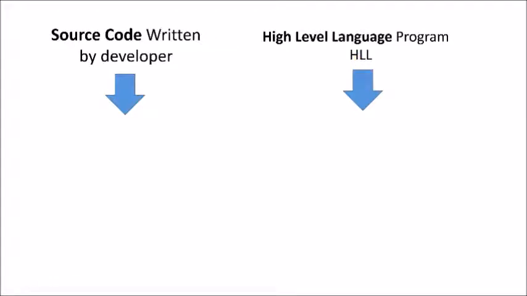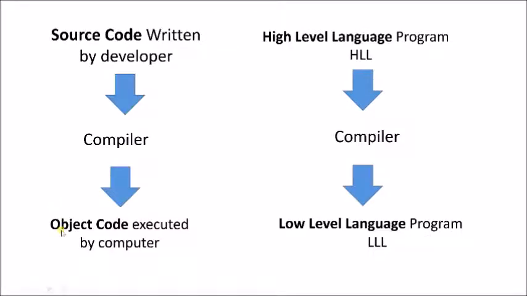This program is entered into the compiler software, which translates it to produce object code, which will be executed by the computer. This object code is the low-level language program. We can refer to it as LLL. This is the code or program in the computer language, the machine language.